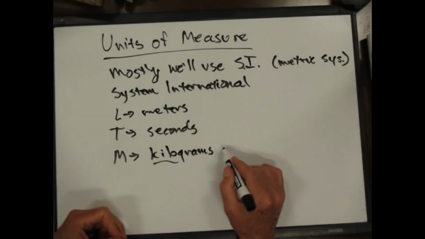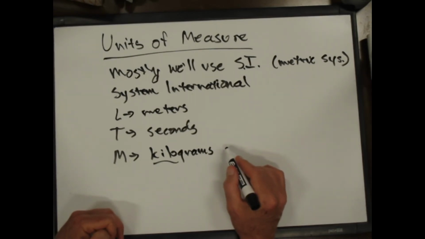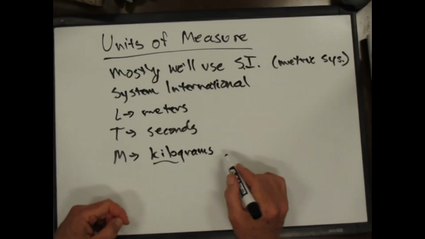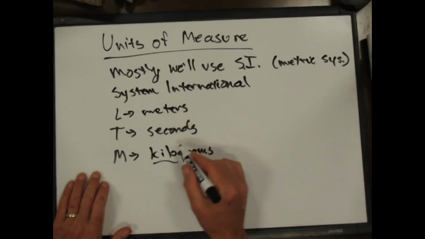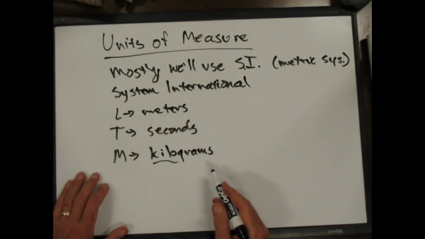You could also use slugs or pounds mass for American or English units, or stones. The British use stones, and so there are lots of different units of mass. Tons. But for most of our problems, we use the SI system because it's all base 10.